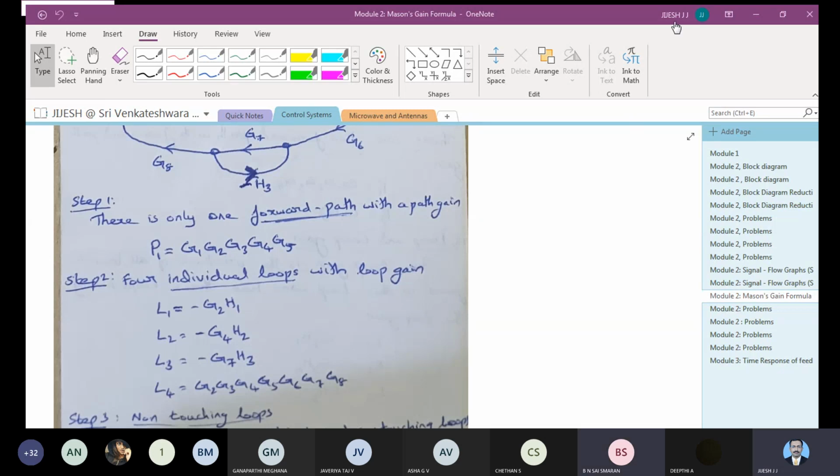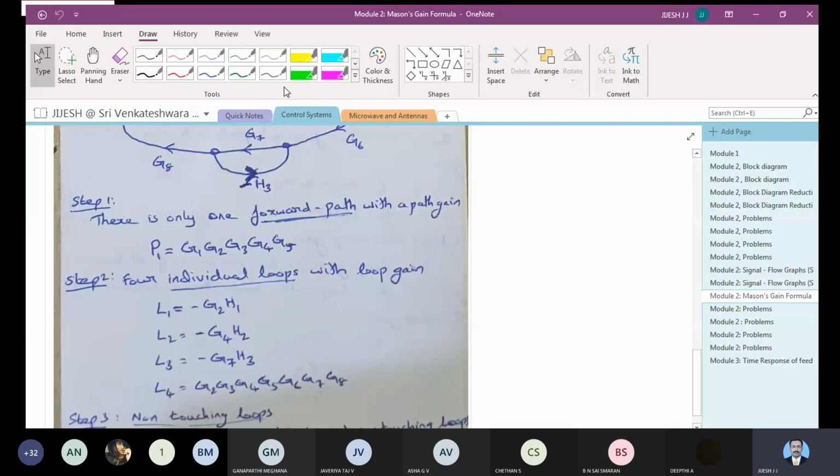Non-touching means no common node, sir. Yes. I am not asking only with respect to the individual loops; these are the four loops, and non-touching must be within these four. Is L1 and L2 non-touching, L1 and L3 non-touching, L1 and L4 non-touching? Which ones are non-touching loops?